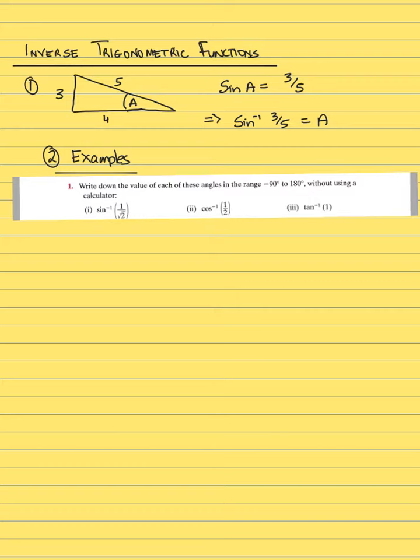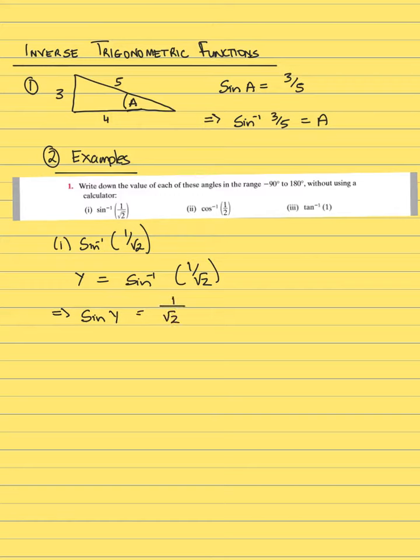So for instance, in part 1 here, we are looking at arc sine 1 over root 2. In other words, we want to find the angle whose sine is 1 over root 2. So let y equal that. So y is arc sine 1 over root 2. This means that the sine of y is 1 over root 2.